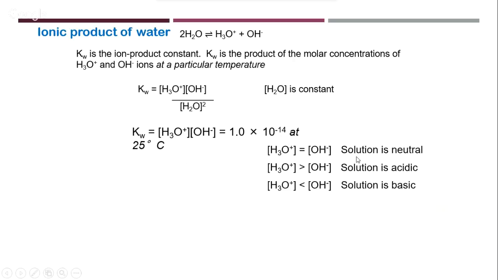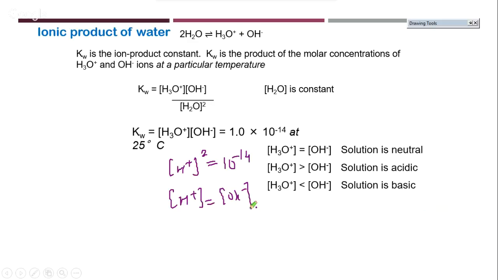When both H plus and OH minus are in equal proportion, we call that solution neutral. When both of them are equal, H plus square is equal to 10 to the power minus 14, and therefore H plus is equal to OH minus, which turns out to be 10 to the power minus 7. So the ionic product of water is 10 to the power minus 14.